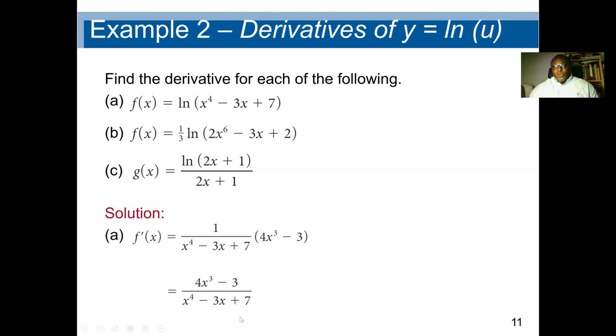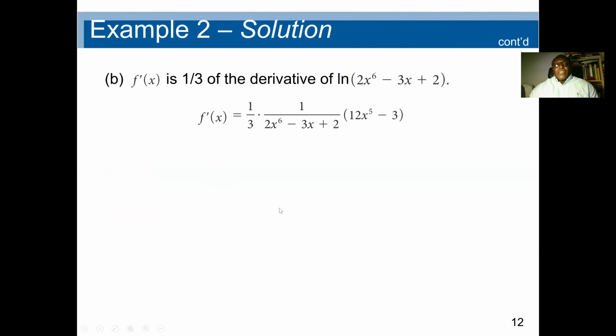Again, here the chain rule applies: 1 over x to the power 4 minus 3x plus 7, then the derivative of x to the power 4 minus 3x plus 7. Now let's look at the second one. We have natural log of 2x to the power 6 minus 3x plus 2.